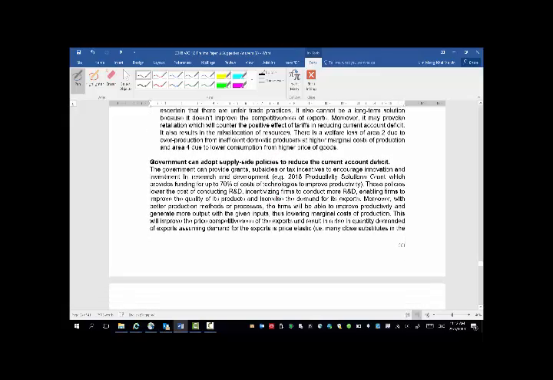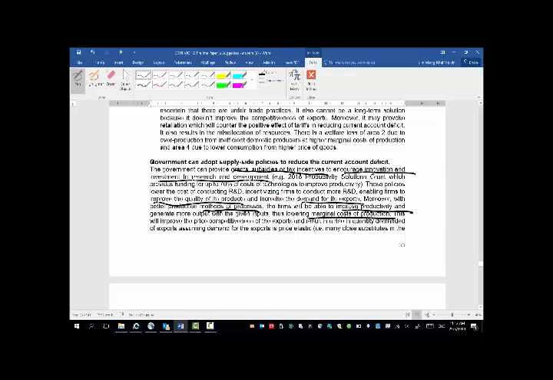So government can provide grants, subsidies, or tax incentives to encourage innovation and investment in research and development. All this will help to improve the quality of your product, thereby increasing the demand. With better methods or processes, they are also able to improve productivity, lowering your cost of production.